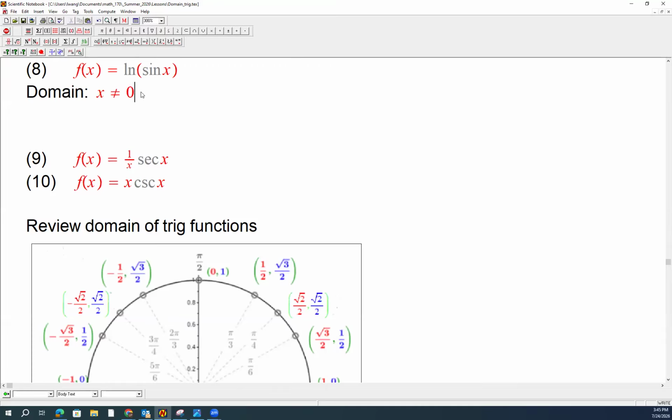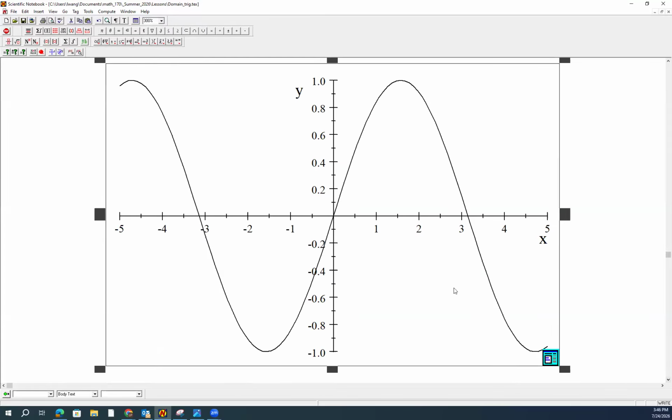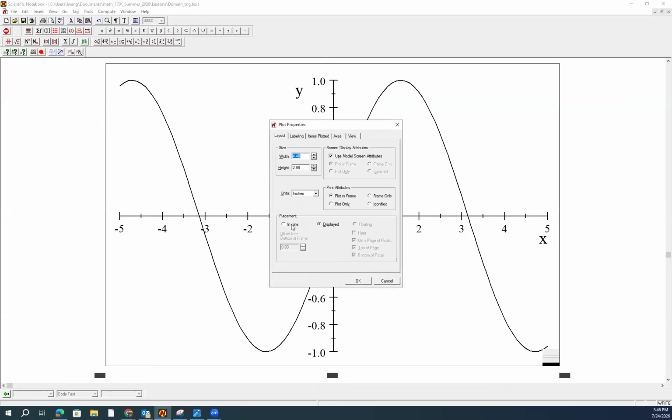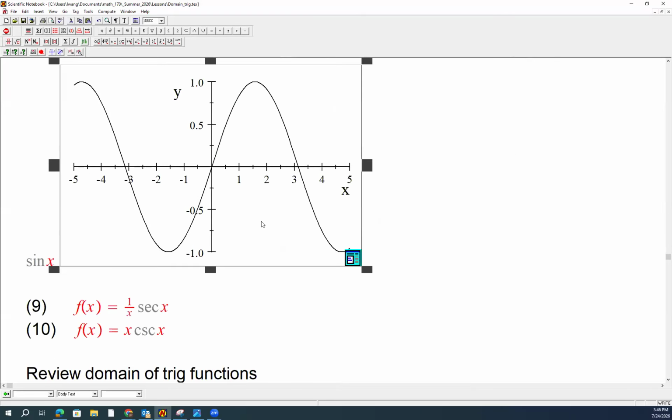To determine the domain, this involves solving an inequality, but if you look at the sine picture, you can tell it's periodic.